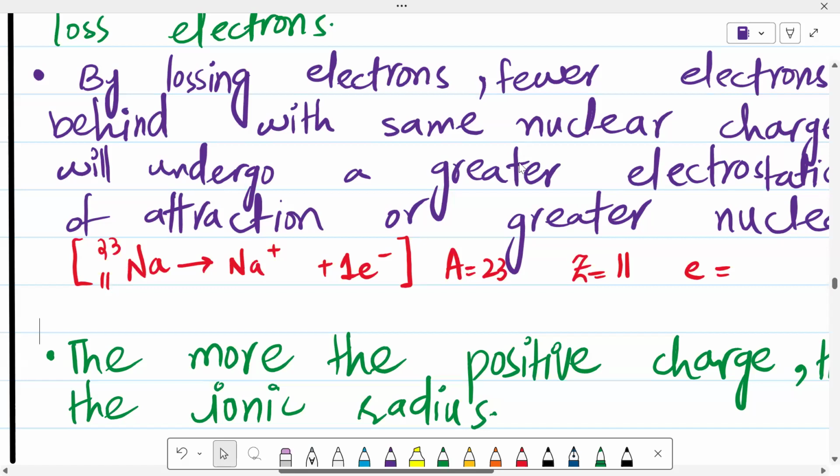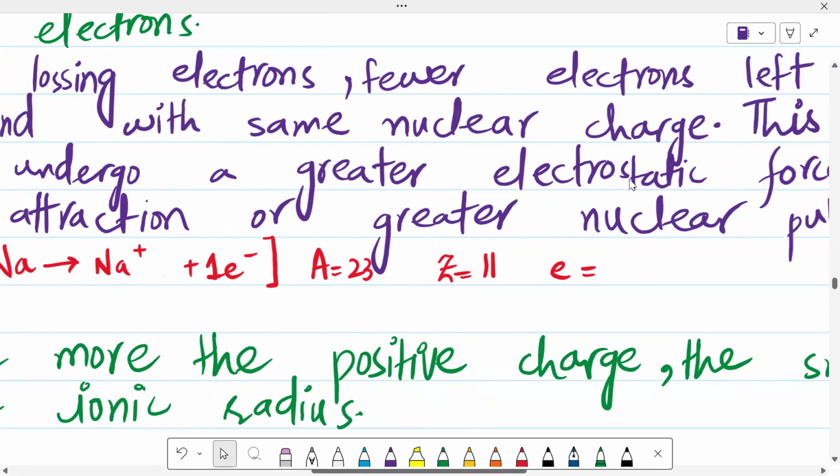You have sodium, and it has lost an electron now. It will be 10. Yes, 10 electrons.